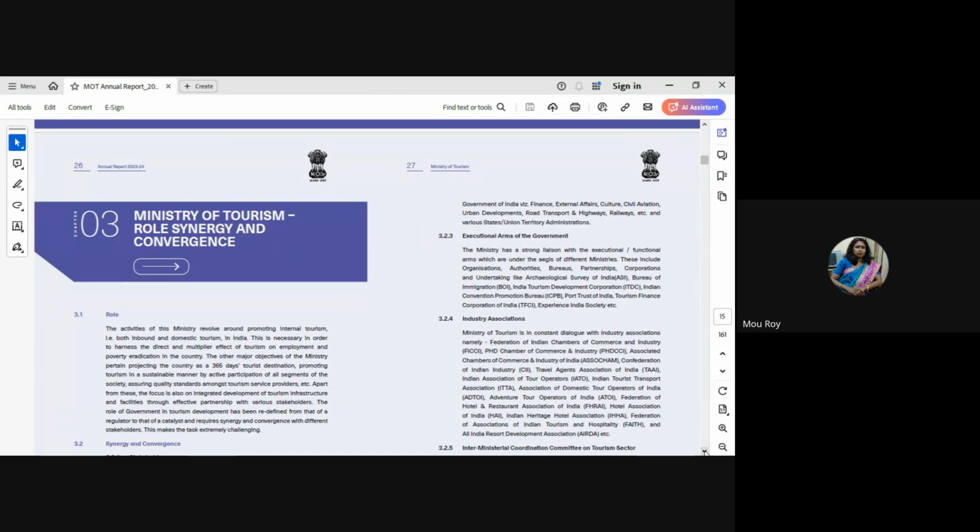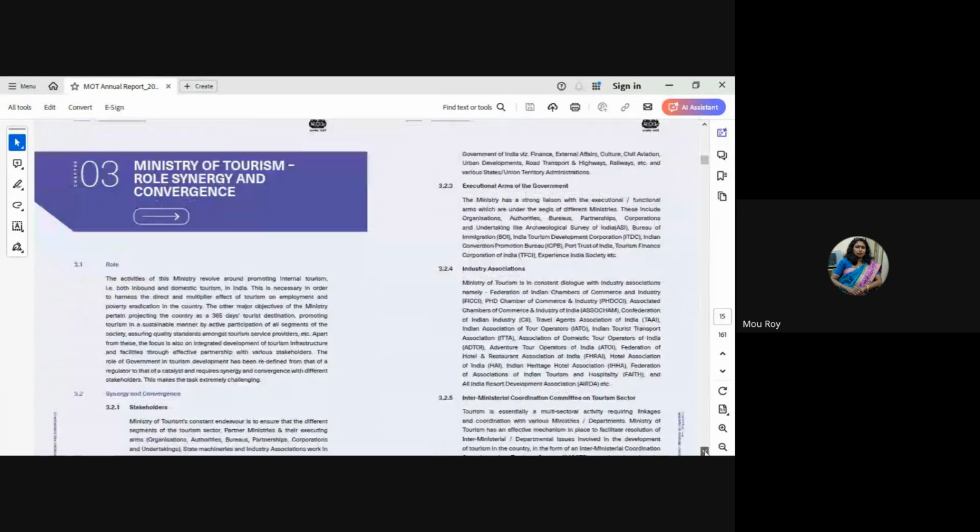Then we have TAAI, the Travel Agents Association of India, which I told you about yesterday in class. Then FICCI, the Federation of Indian Chambers of Commerce and Industry, with its head office in New Delhi. Then FHRAI, the Federation of Hotel and Restaurant Associations of India, HAI, the Hotel Association of India, and the Indian Heritage Hotels Association. Another very important one you should remember is the Federation of Associations in Indian Tourism and Hospitality, known as FAITH. Tourism is in constant dialogue with these associations.